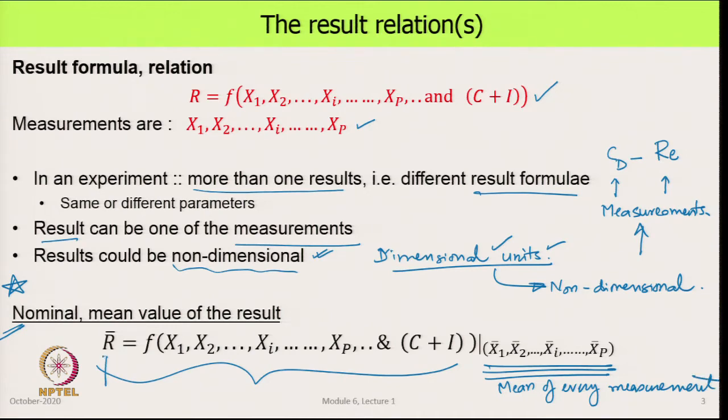And that gives us R bar, which is the mean of the result or the nominal value of the result. Either way we can look at it. So, this is a simple straightforward calculation. We need to have the result formula and values of every parameter, the mean values.